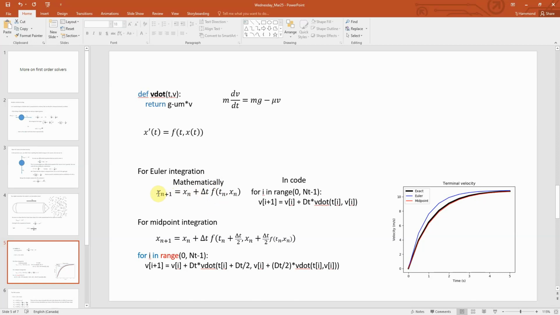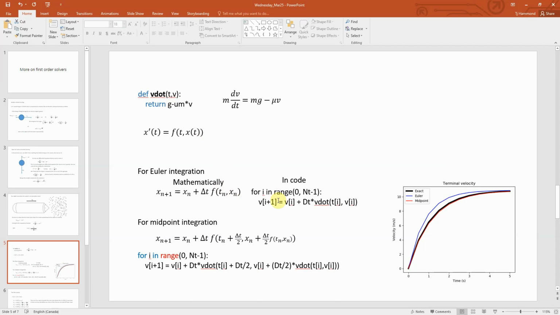So x of n plus 1 is equal to x of n plus delta t, this time step that we've created in our array, times f of tn and xn, where f of t and x is going to be x dot. These are just general functions, and in this case what we want is v.